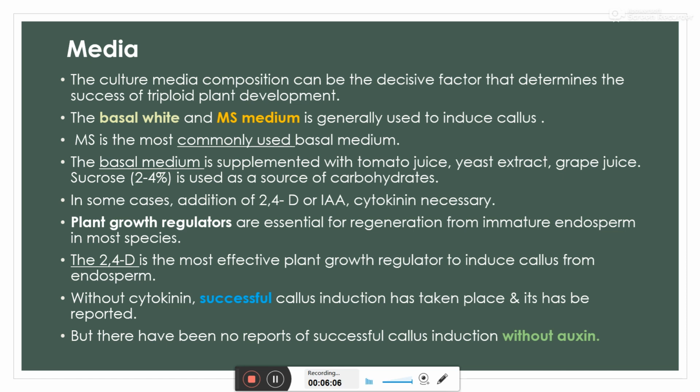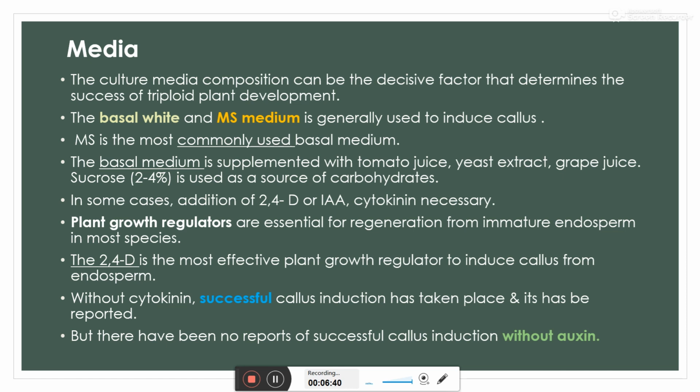And 2,4-D is the most important plant growth regulator, having a high effect to induce callus formation from the endosperm.